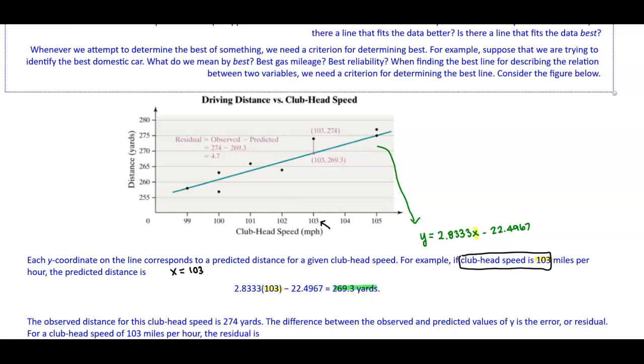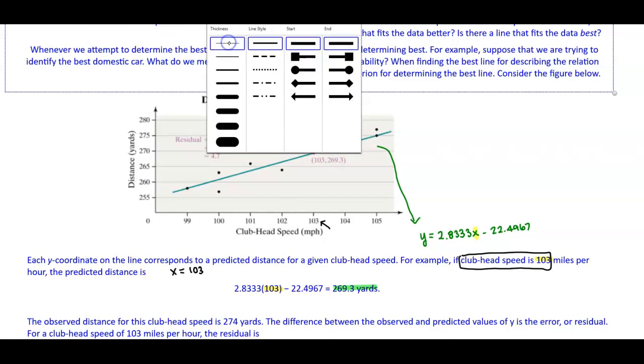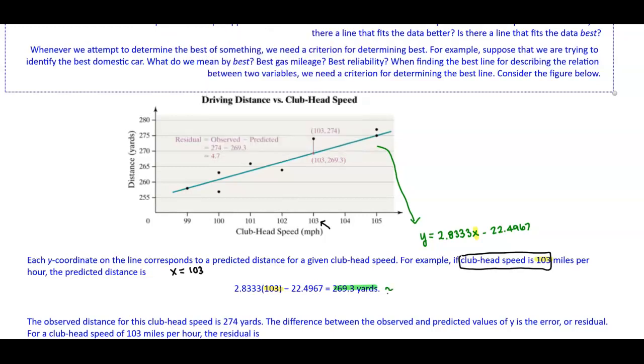So if we round this value to 269.3, I want you to notice that there is our prediction. This is the predicted value because we plugged it into the equation.